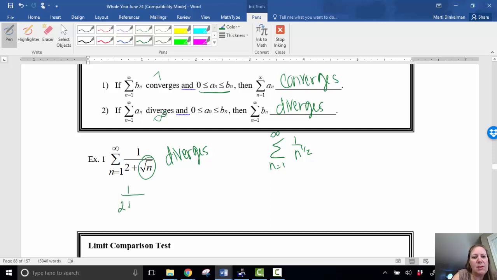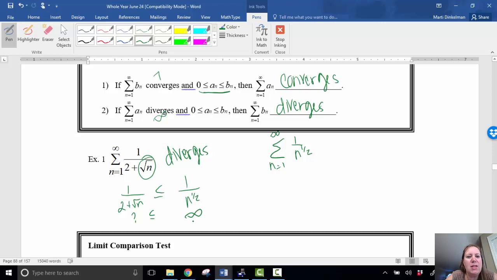If I were thinking of those as functions, this one is smaller because we're dividing by a bigger number. So less than or equal to our 1 over n to the 1/2. Well, since this is infinity, this one then is less than infinity.